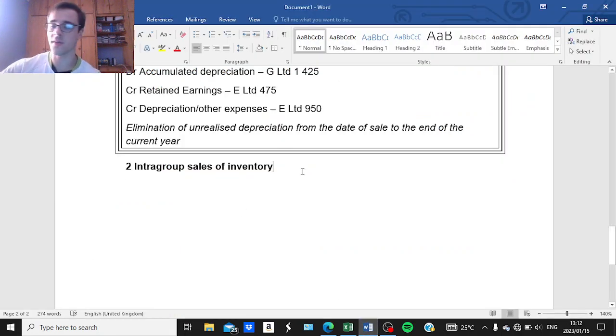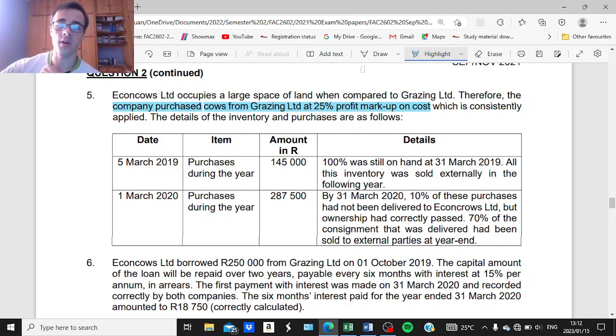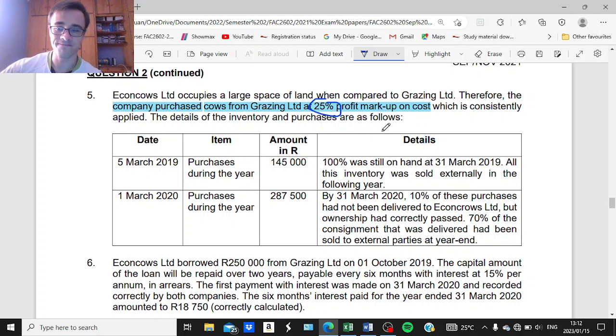So intergroup sales of inventory by Grazing Ltd to Econ Cows Ltd. So Econ Cows Ltd purchases the inventory from Grazing Ltd. Okay, and then the profit markup is 25%. So this will be used as part of the calculation of the unrealized profit amount that is included in opening and closing inventory.